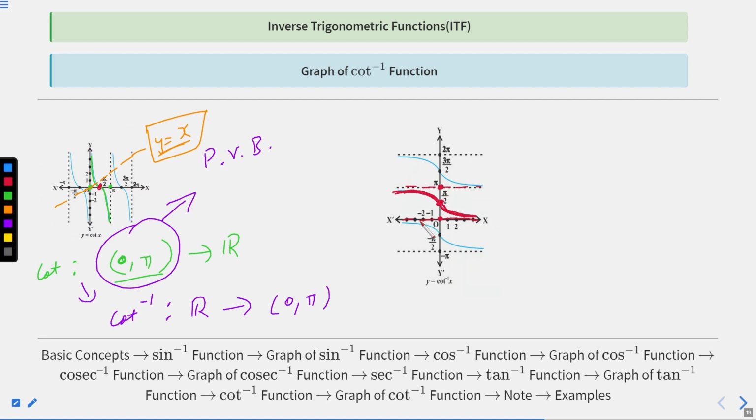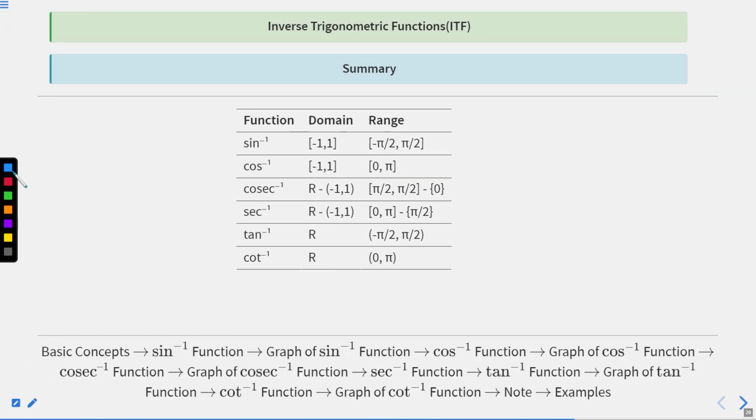Now, if you observe all the inverse functions, you will get, in short, for the sine inverse function, the domain is the closed interval -1 to 1 and the range will be minus pi by 2 to pi by 2.